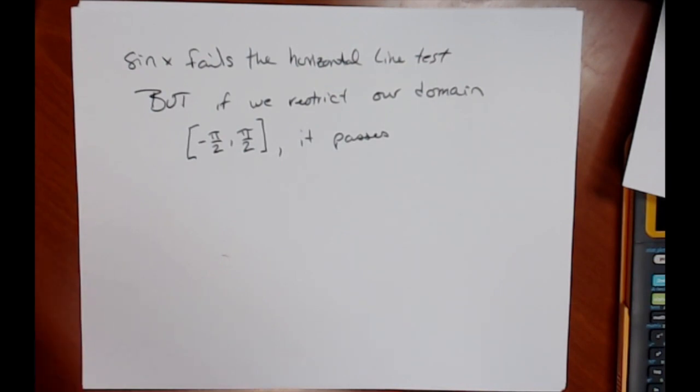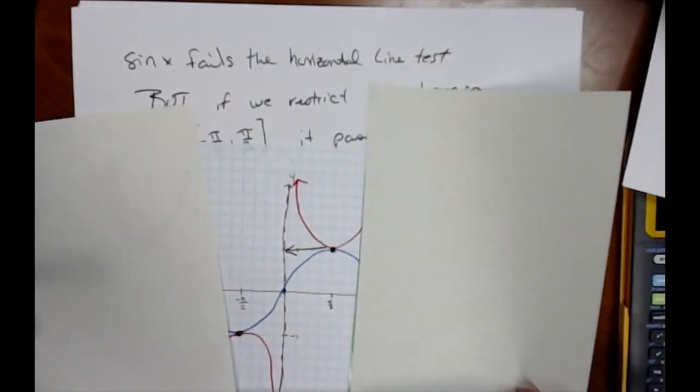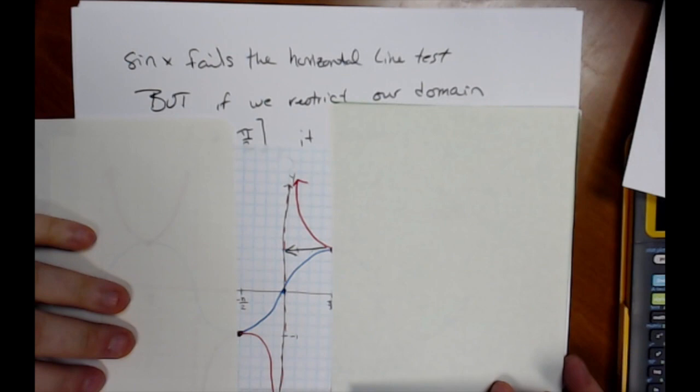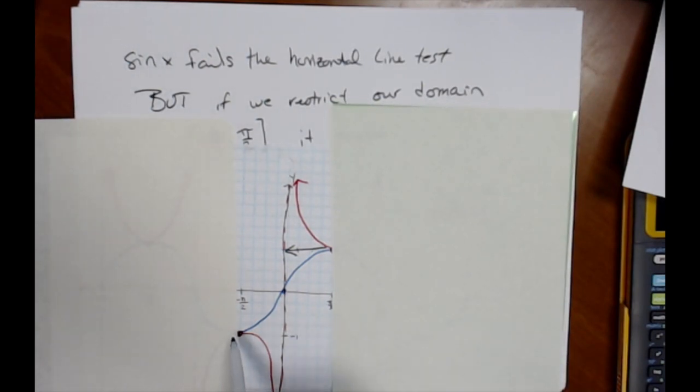And that, remember, is precisely this picture here. So from negative pi over 2 to pi over 2, our range is negative 1 to 1. It passes the horizontal line test. And that means if I say that my function's value is a half, like we did on our first page, you can tell me that that corresponds to that point, pi over 6.